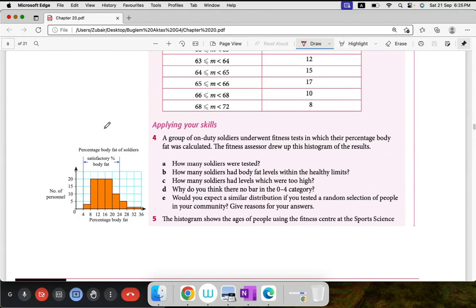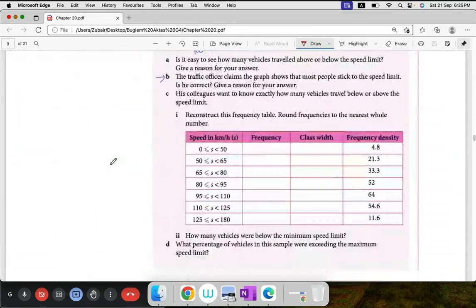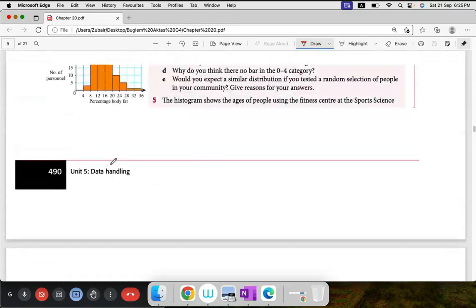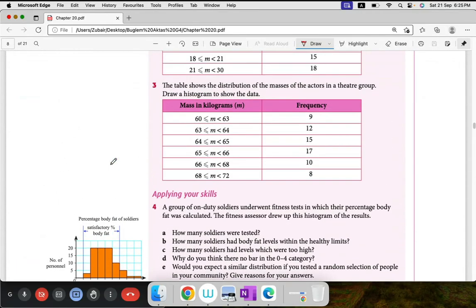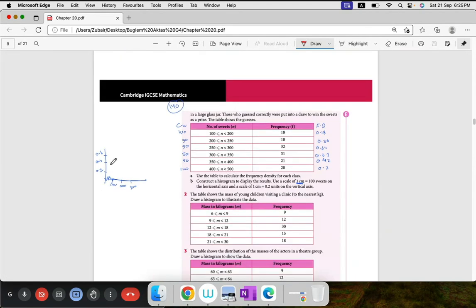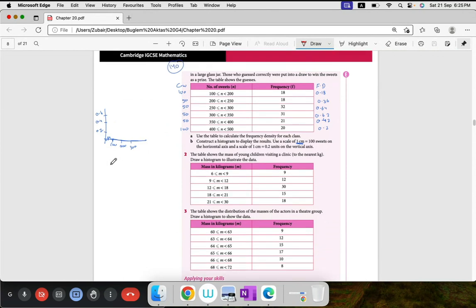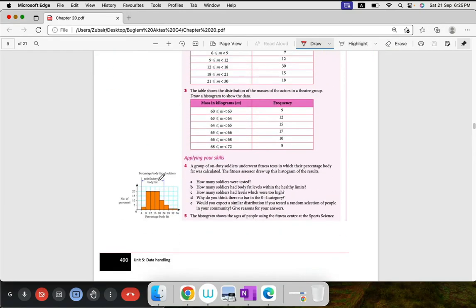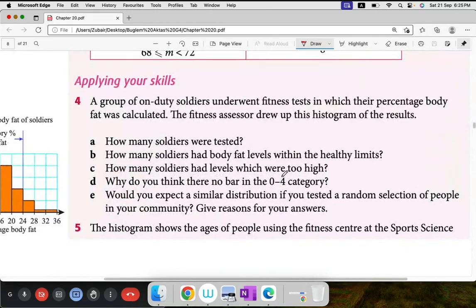It's page 490. And the question is applied skills A, which is at the bottom of the page. And then 4A.